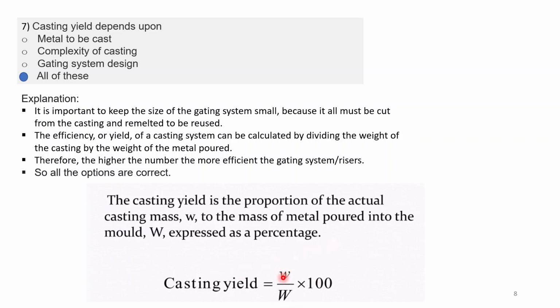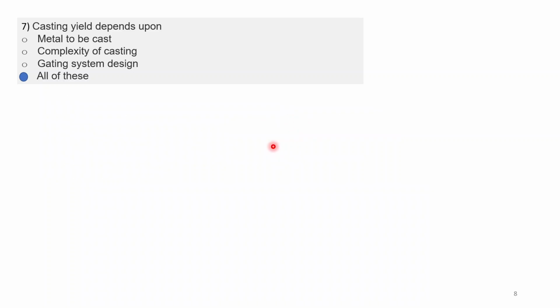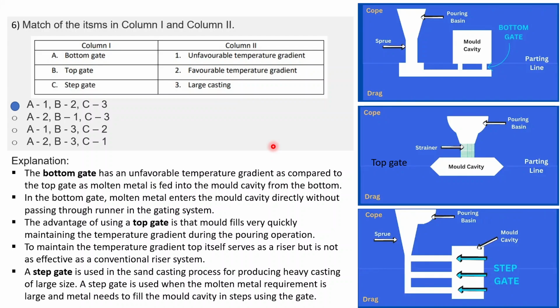So this will be the formula, and it is important to keep the size of the gating system small, because it all must be cut from the casting. The riser, the pouring basin and all these in this diagram, this part and all these parts will be cut down after the mold cavity has been filled completely and solidified.